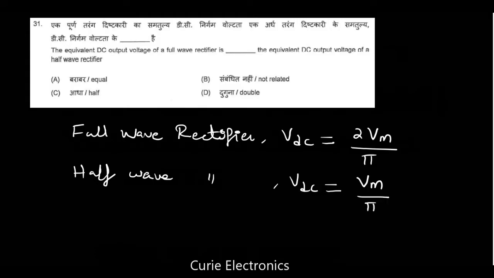Vm is the peak voltage of the applied AC.